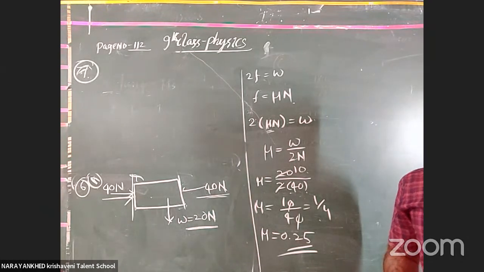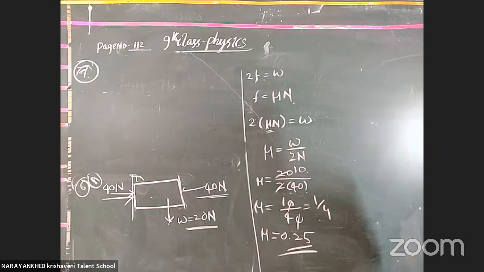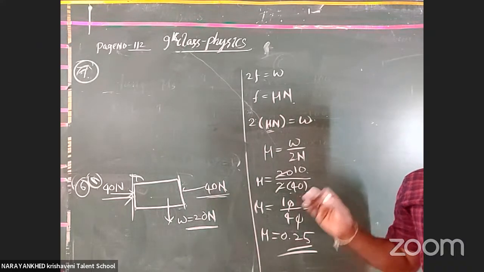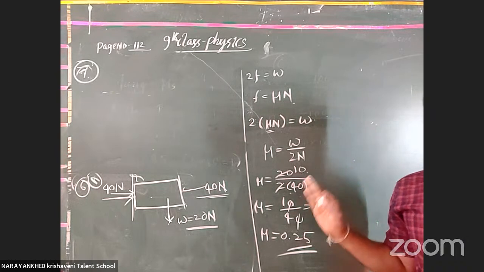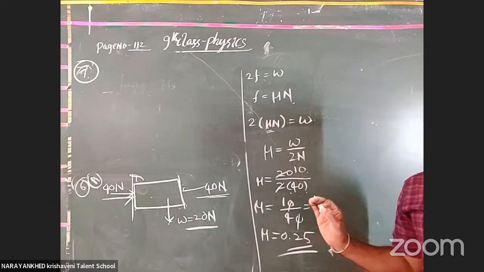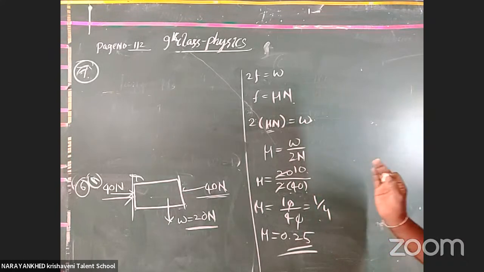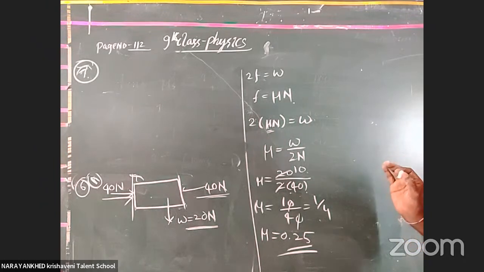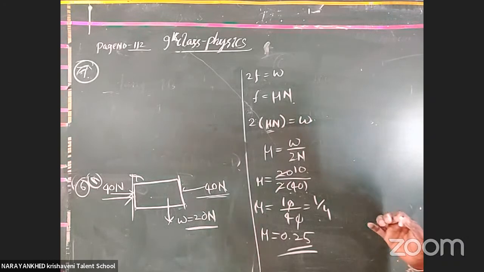If the coefficient of static friction between the two surfaces is 0.5, what is the frictional force between the two surfaces in contact? Here we have to find out the frictional force simply.